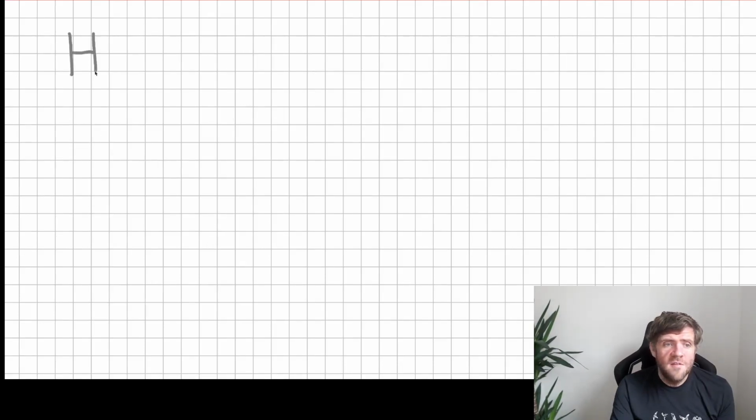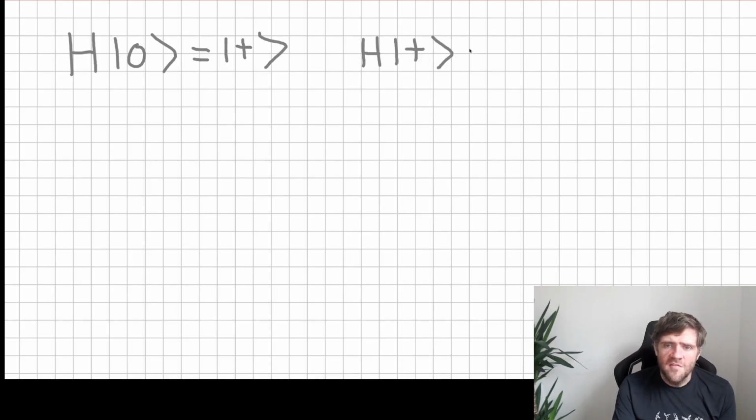So the Hadamard has the effect of turning 0 into plus and plus into 0. Now it also has that same effect on bras. So here we're seeing it having this effect on kets. But if we were to express it in bra form, we would also find that we get the same thing.